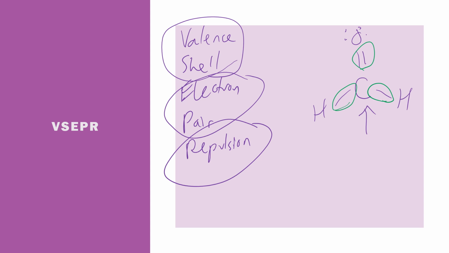Because of VSEPR theory, valence shell electrons repel each other. So those three areas of bonding are going to spread out as far as they possibly can because the electrons in those bonds are repelling each other. And that's kind of the whole point of VSEPR. It winds up creating predictable structures for the molecules for us to look at.